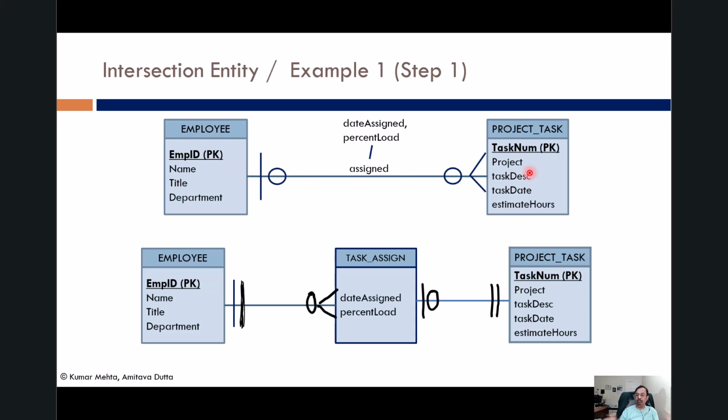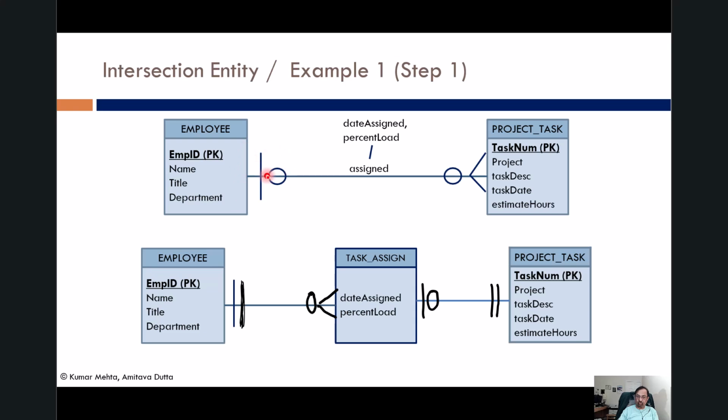Now, I could very easily think of a task in a project which has multiple employees working on it. Maybe it's a complicated task, and you have a team that's working on a particular task. It's not an uncommon situation at all. So if you could have a project task which a team is doing, then this picture would not be accurate.